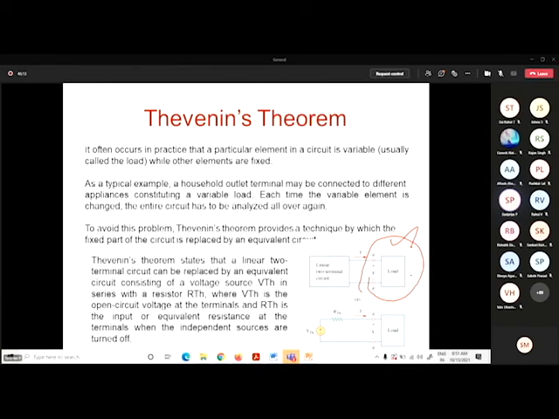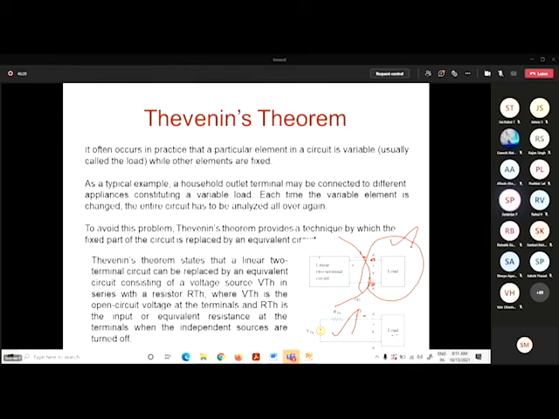With respect to this load, because it is variable, I consider only the remaining part of the circuit and simplify it, then connect a load. Now it will be easy.